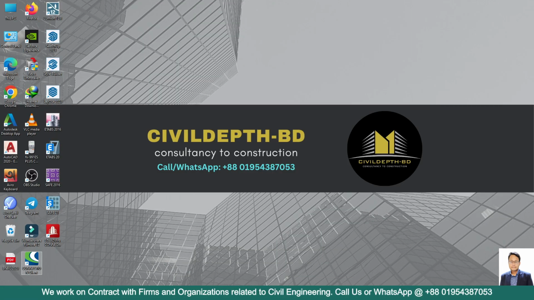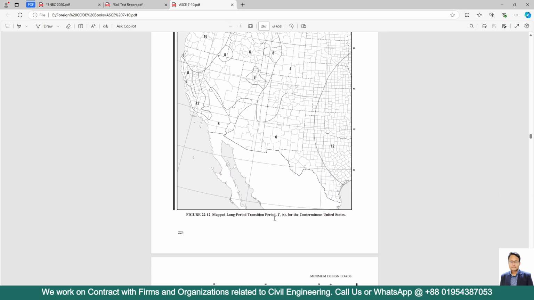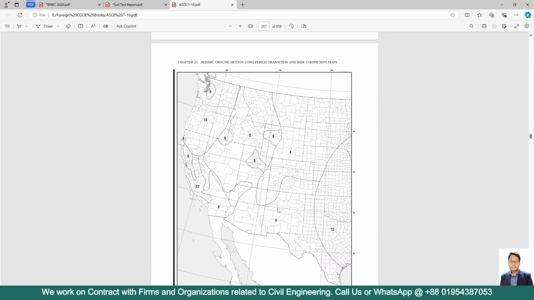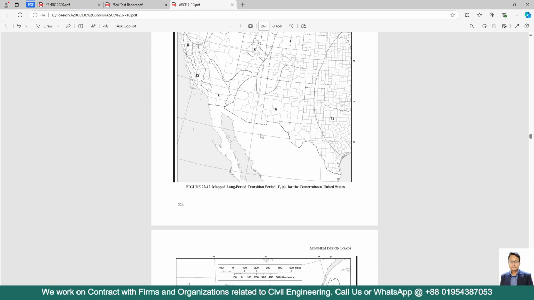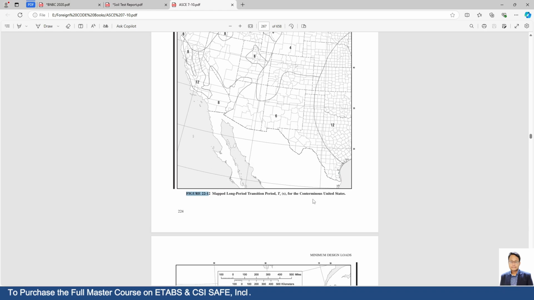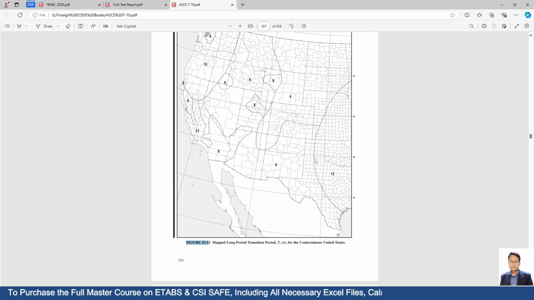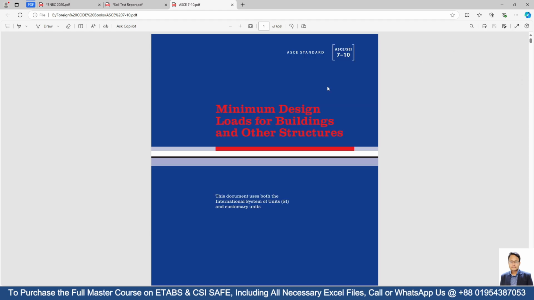Here you can see the map for long period transition period in ASCE 7-05, in figure 22-12. For separate zones, they have separate values of long period transition period. Let me show you this book. Sorry, this one is ASCE 7-10, not 7-05.